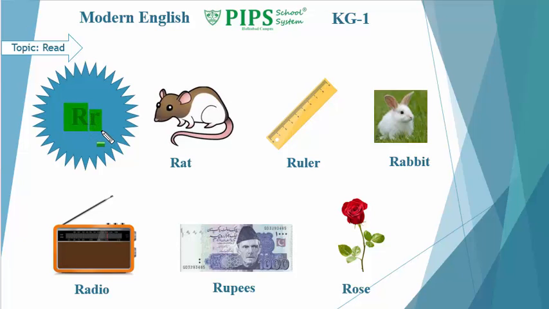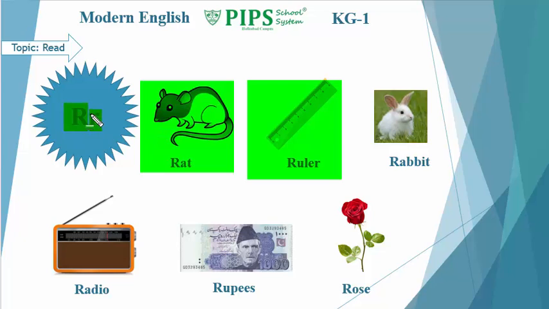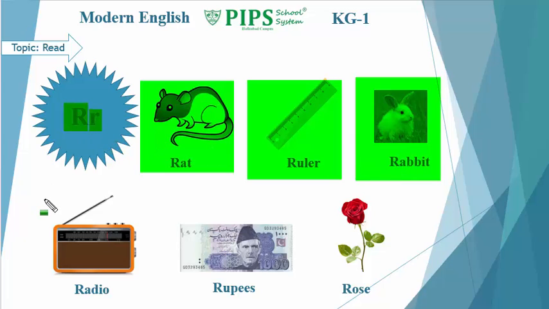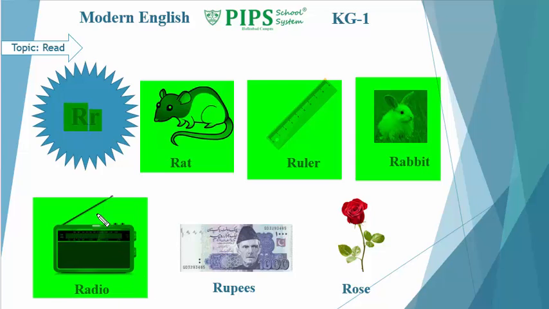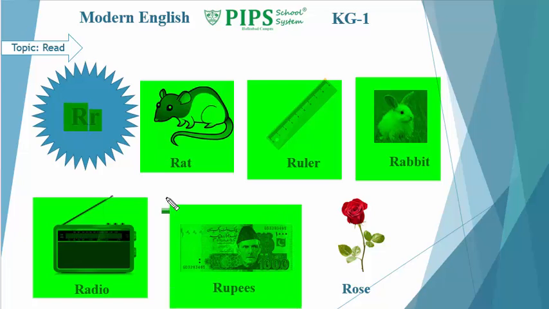Sounds like R. Let's learn which things begin with the letter R. Rat, ruler, rabbit, radio, rupees, rose. Now students, read with me.